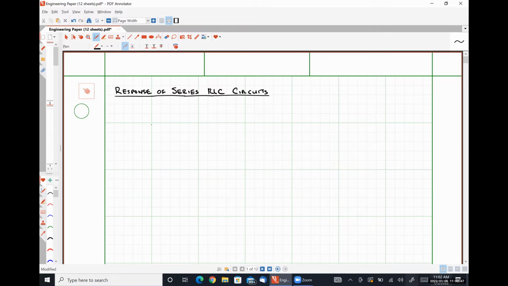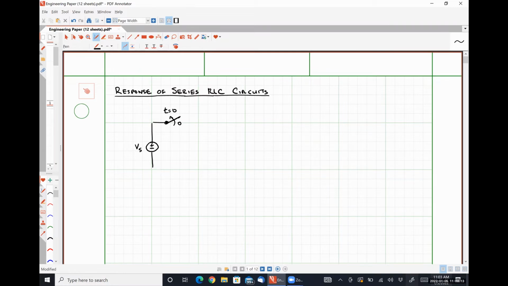So let's start with a simple circuit where we have some voltage source, let's call it Vs, like so. And then we have a switch, and let's say for the sake of argument here that we'll be dealing with a natural response while we derive this thing.